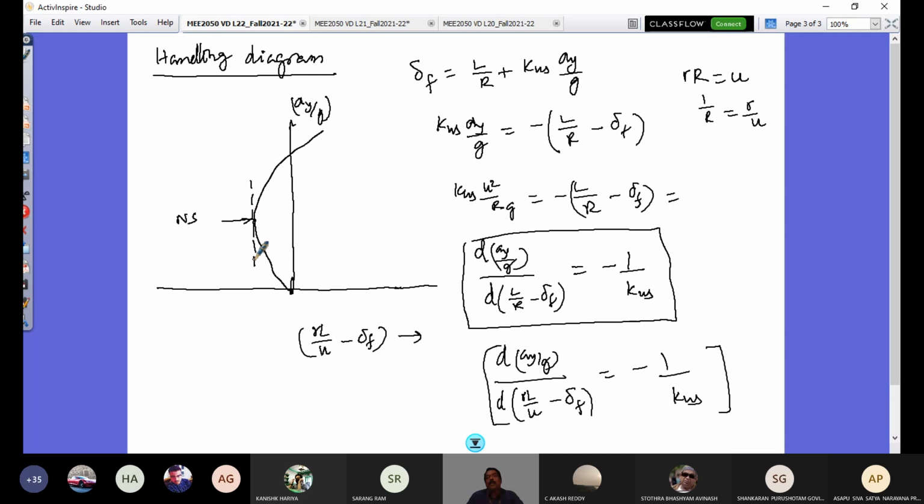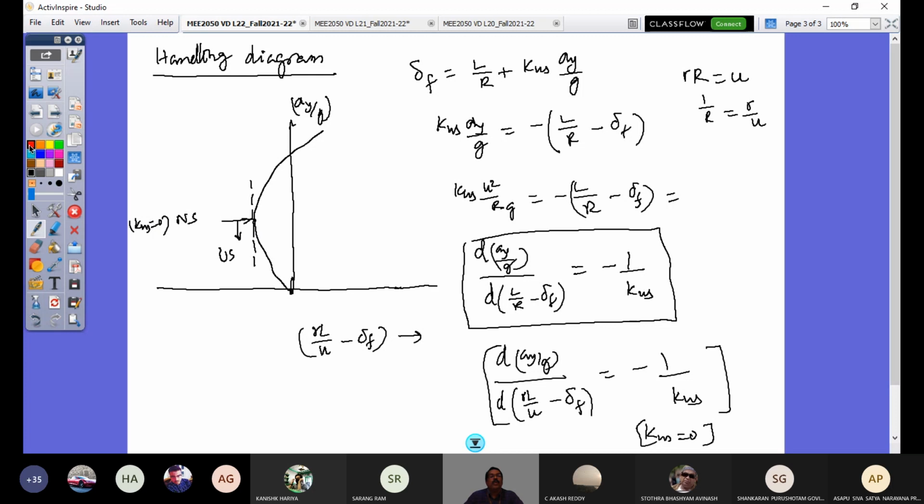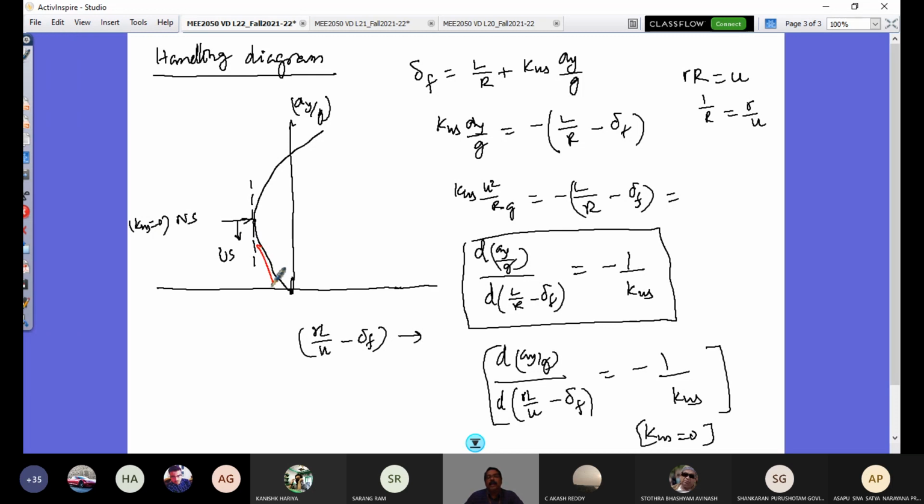When this slope is infinity, that means minus 1 by K_US is infinity, so K_US is 0 at that point. This corresponds to K_US equals 0, referring to a neutral steer tendency. On the other hand, down here it is understeer behavior. The slope here is negative, and if I substitute it here, that gives positive K_US, greater than 0.